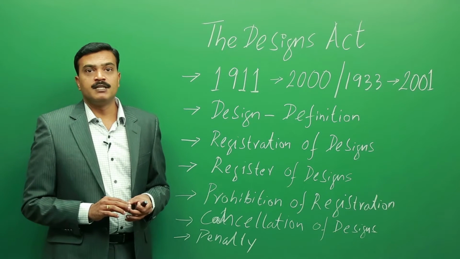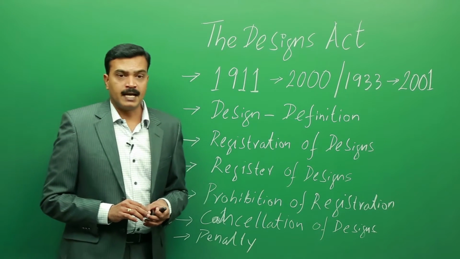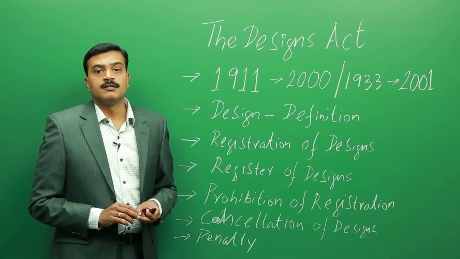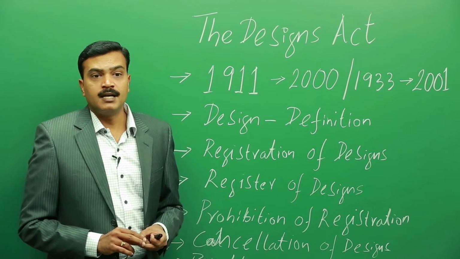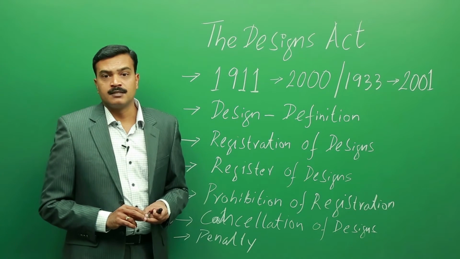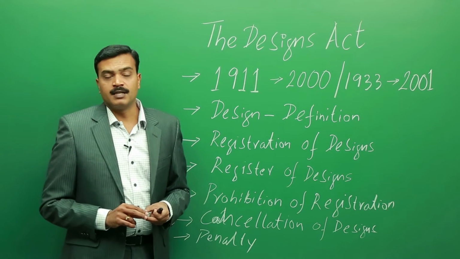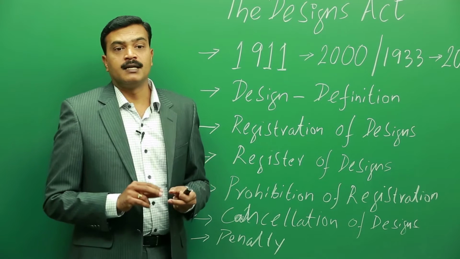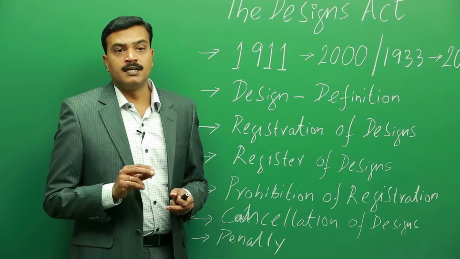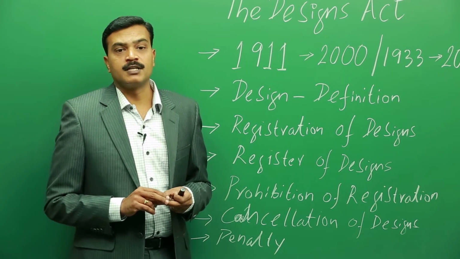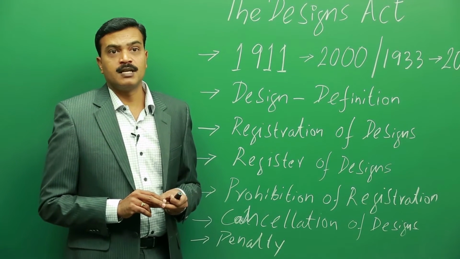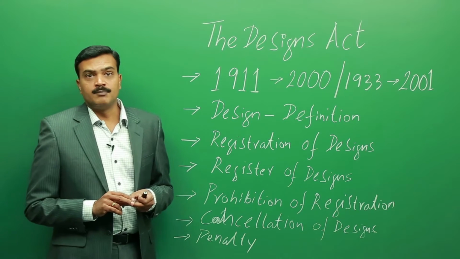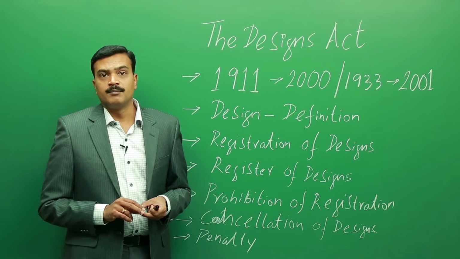An elaborate definition given for design under the Designs Act is: it means only the features of shape, configuration, pattern or ornament applied to any article by any individual process or means, whether manual, mechanical or chemical, separate or combined, which in the finished article appear to and are judged solely by the eye, but does not include any mode or principle of construction or anything which is in substance a mere mechanical device, and does not include any trademark. So this is the elaborate definition given by the Designs Act.